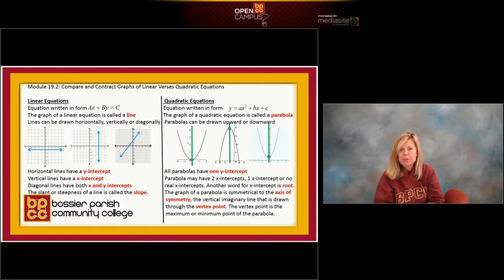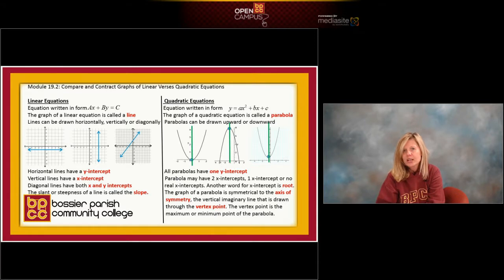The first parabola touches the x-axis at x is 0. The second parabola touches the x-axis at -3 and +1. And the third parabola doesn't touch the x-axis at all. So some parabolas have 2 x-intercepts, some have 1 x-intercept, and some have no real x-intercepts.